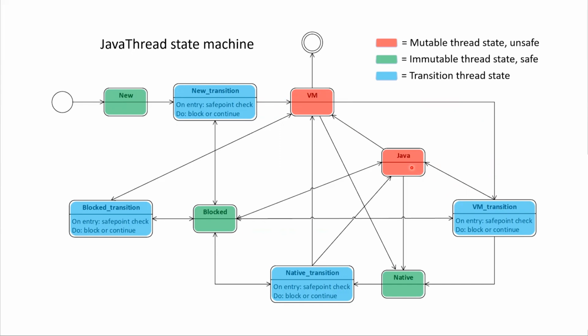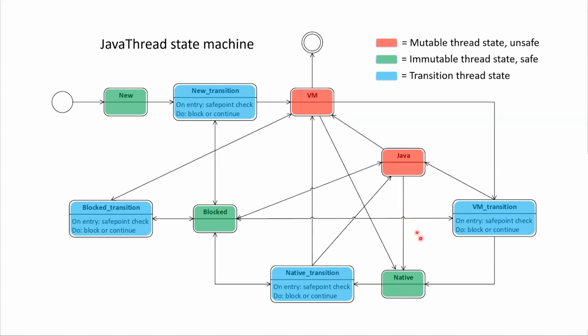Some notable transitions here are that the Java code can transition to state VM and to state native without performing safe point checks. Instead, the safe point check is performed when the thread returns to state Java.